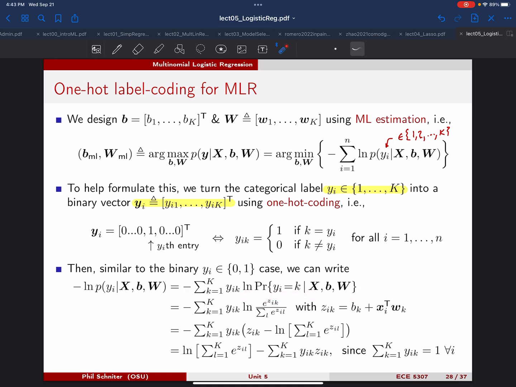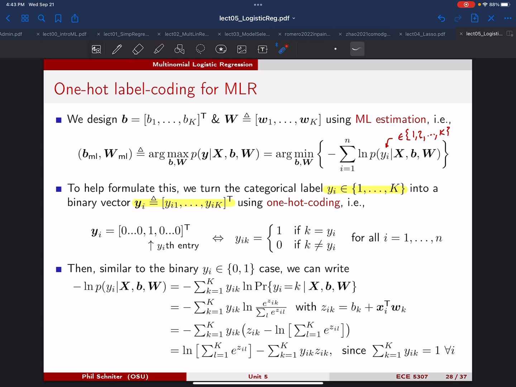The way that works is, let's say that yi takes on the value 3. Then all of these will be 0 except the third position. And when that one comes alive, that is going to have yi equals 3 here. So that is how we can transition from these scalar values, this PMF, to these values here.